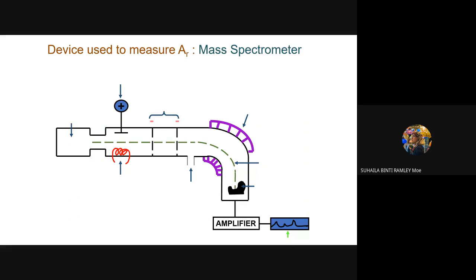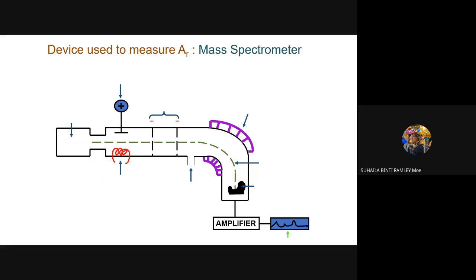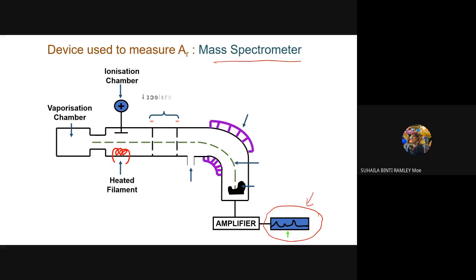So that is for isotope. Now this one is about mass spectrum. Mass spectrum is the data that we get from the mass spectrometer, the device itself. We have five main parts in a mass spectrometer: vaporization chamber, ionization chamber, acceleration chamber, magnetic chamber, and ending with the ion detector.